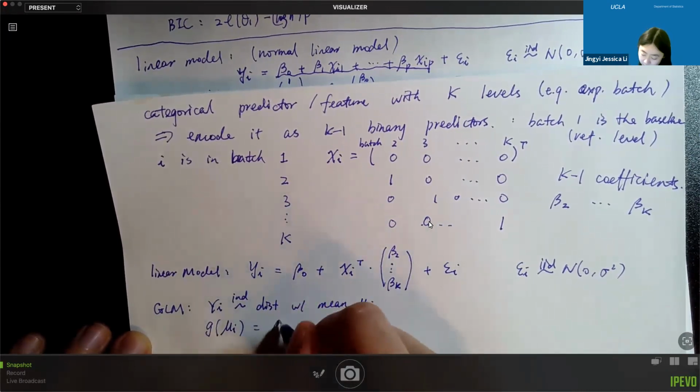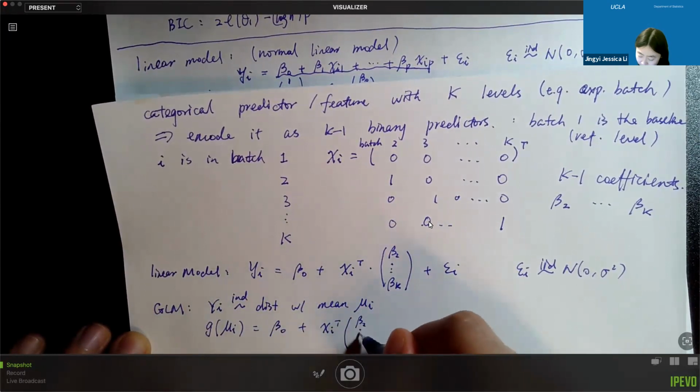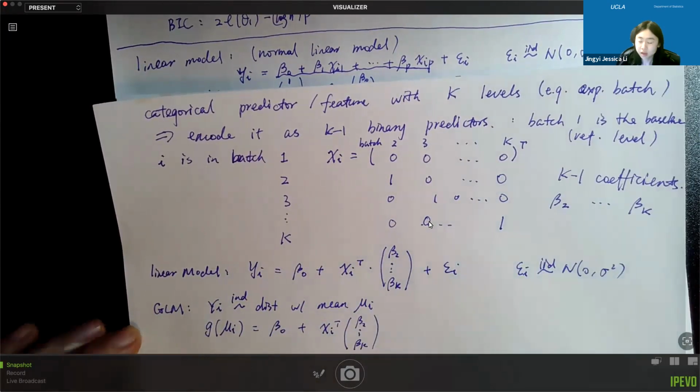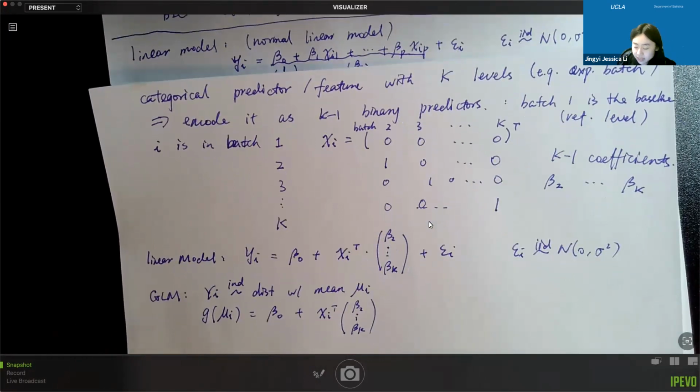So g(mu_i) equals beta 0 plus x_i transpose beta 2 to beta k. So what I mean is that to include a categorical predictor with k levels, you are essentially including k minus 1 numerical predictors with k minus 1 slopes, k minus 1 coefficients.